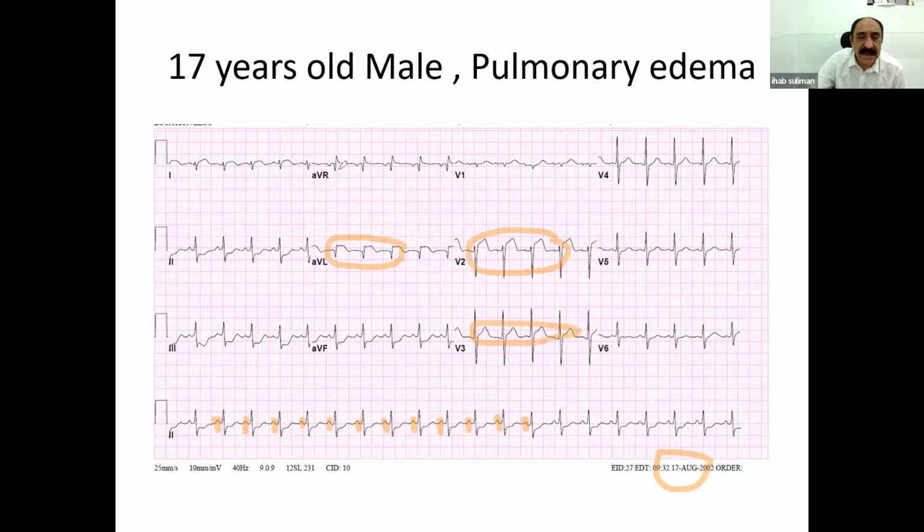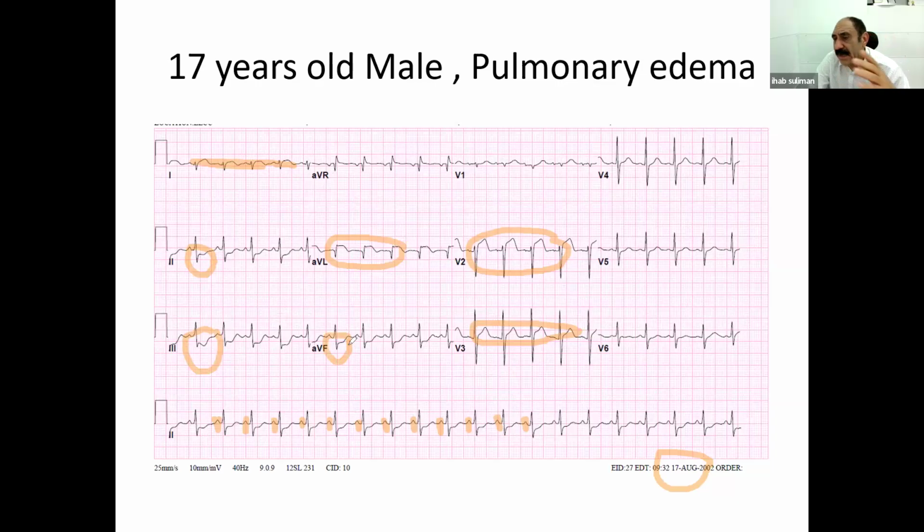And he has ST elevation, maybe very shy in lead 1. So these are the leads involved with ST elevation. He has also ST depression in lead 2 and 3 and AVF.